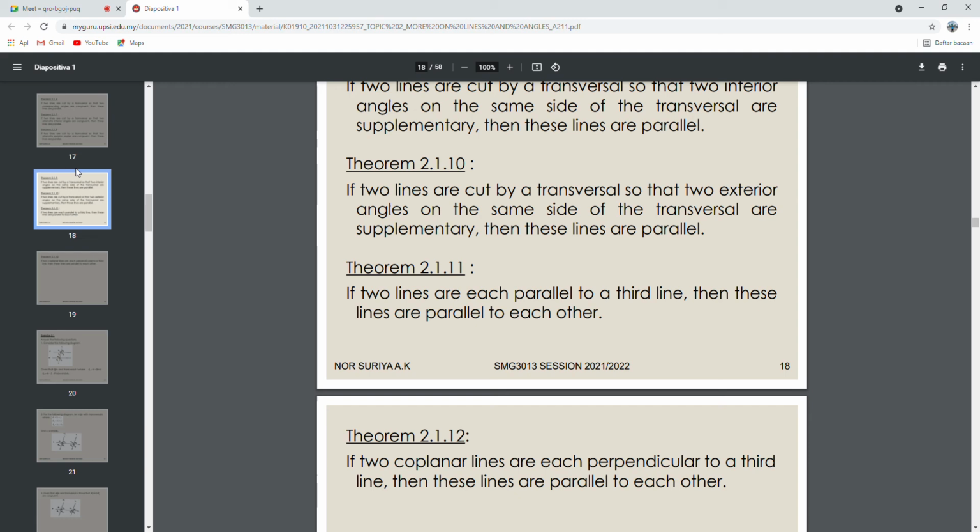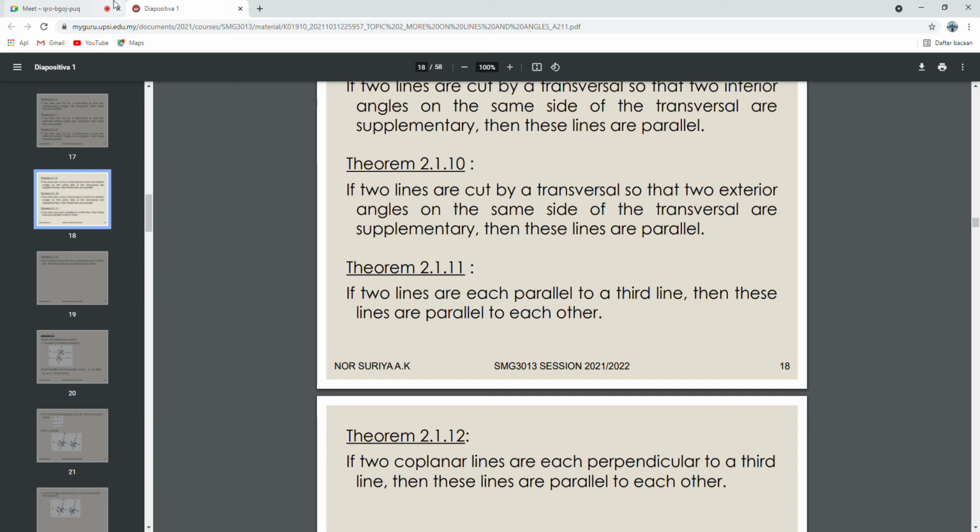Okay, now we have theorem 2.1.11. This one is not a reversible from previous theorem, but like a new theorem. Okay, new introduction for the theorem. If two lines are each parallel to a third line, then these lines are parallel to each other.